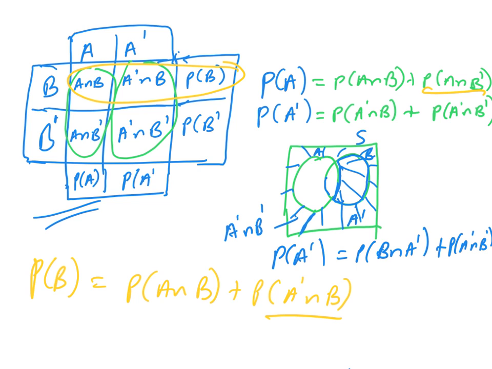Don't think that they're the same. The probability of B complement is the probability of A intersecting B complement plus the probability of A complement intersecting B complement. So the contingency table can summarize this information for us, but it is important to understand from Venn diagrams.